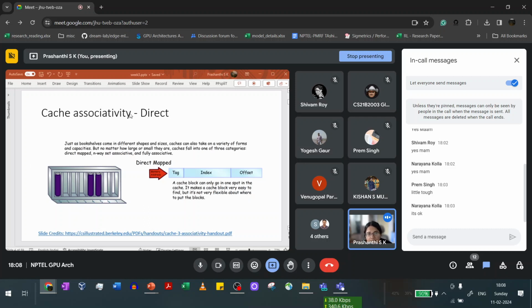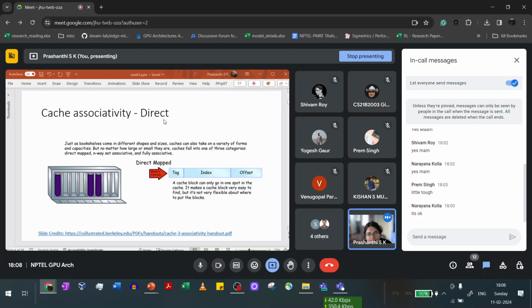So let's start with direct cache associativity, right? There is an analogy that makes this sort of easy to understand, which is a bookshelf analogy. Here we would use a bookshelf to illustrate these three strategies: direct mapped, n-way set associative, and fully associative.